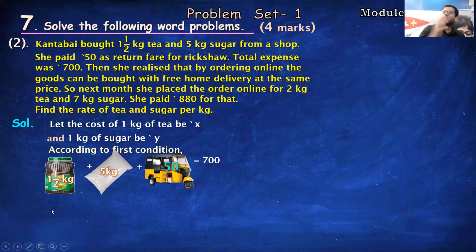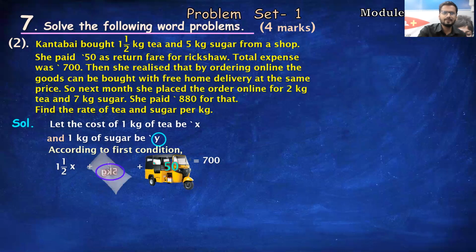It has to be 1.5x. Simple. Similarly, if the cost of 1 kg of sugar is y, then what should be the cost of 5 kg? It has to be 5 into y, which is 5y, right? So let's write that: 1.5x plus 5y plus 50, we will keep as it is because it's a number.